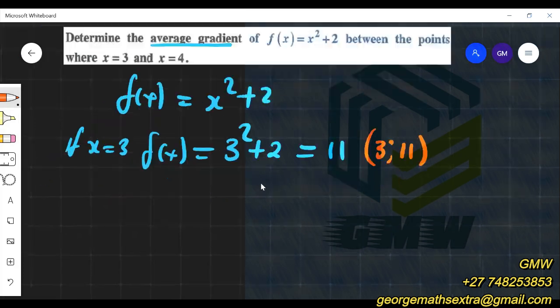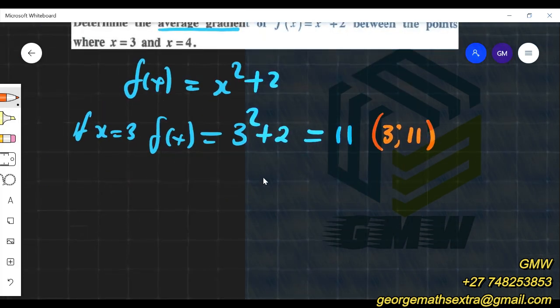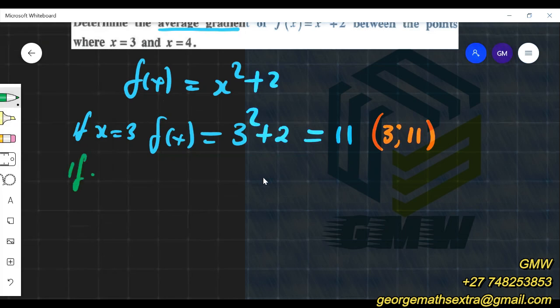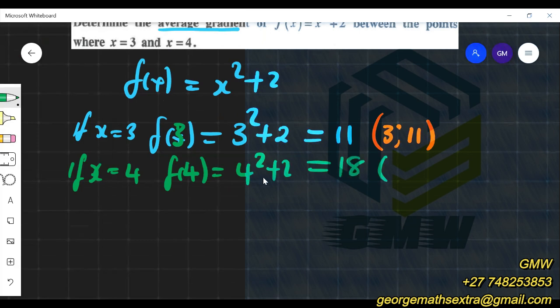Then if x is 4, so this was f of 3, and now we do f of 4, right? It means 4 squared plus 2. What do you get? 18. So you now have the coordinates 4 and 18.